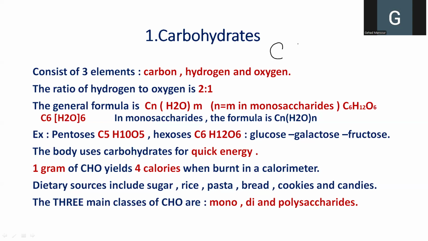So if you have a molecule whose chemical formula contains only carbon, hydrogen, and oxygen, it is probably a carbohydrate, but not necessarily a carbohydrate. Because in order for this molecule to be a carbohydrate, there is a condition.